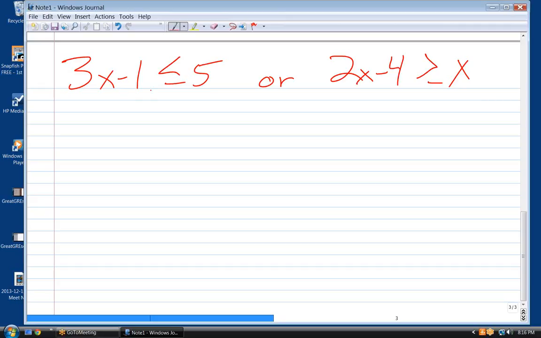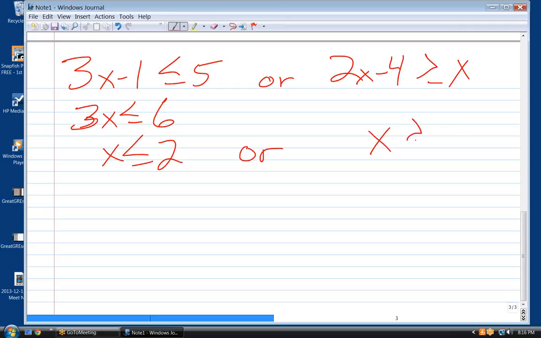Do it in 2 steps if you need to. X is less than or equal to 2, or x is greater than or equal to 4. I think the right one is greater than, yes, excuse me, my mistake.